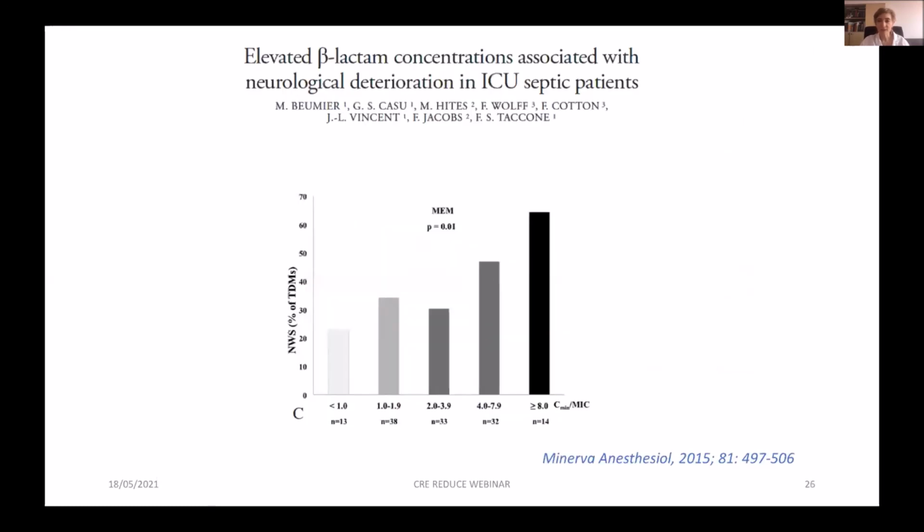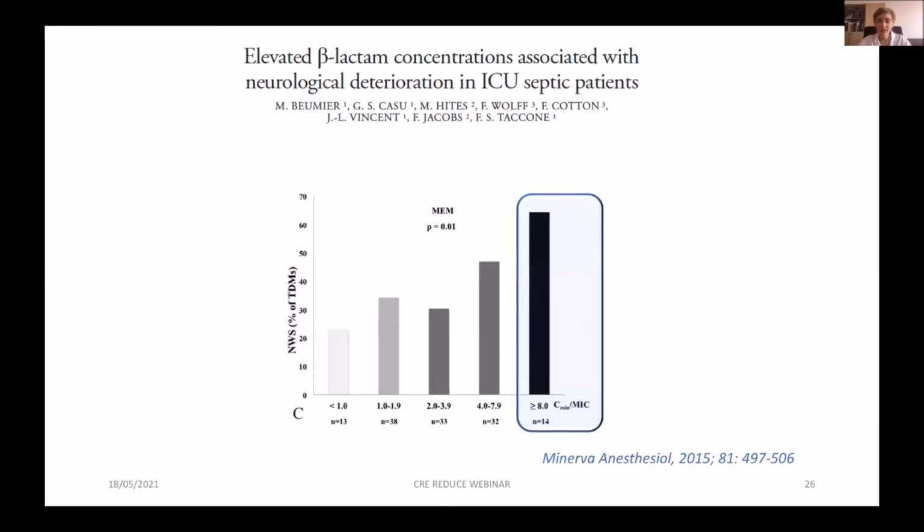But as we've seen previously, you also need to be very careful with toxicity and neurotoxicity in particular, and patients with strains with high MIC are at risk of toxicity. Above 8 times the MIC, you may have some encephalopathies that are often underestimated, especially in patients under mechanical ventilation and sedated.